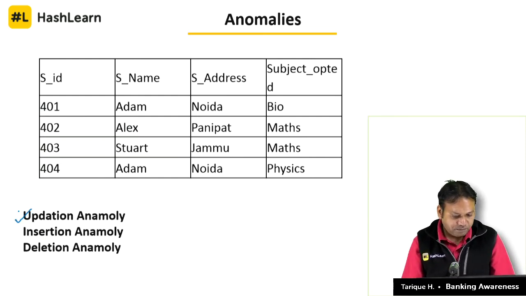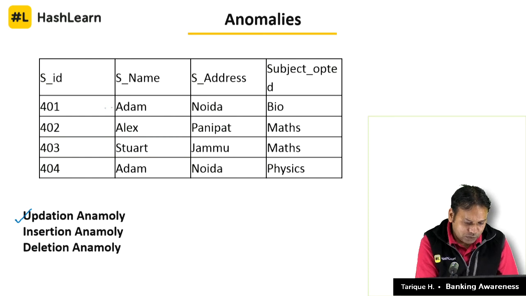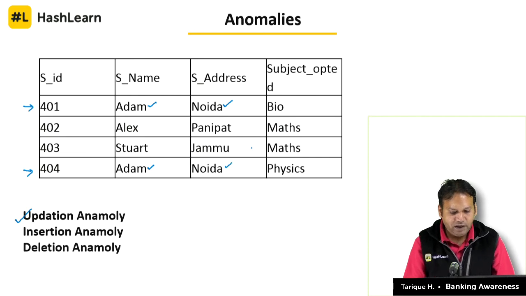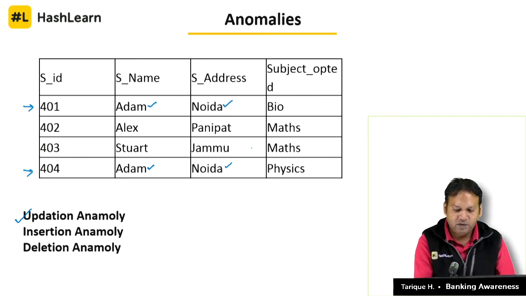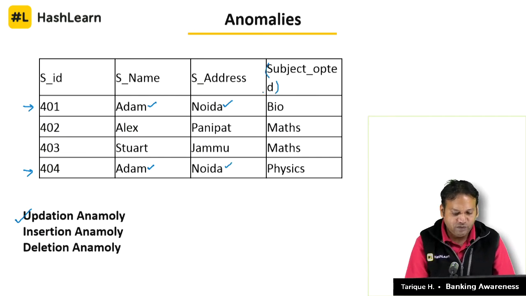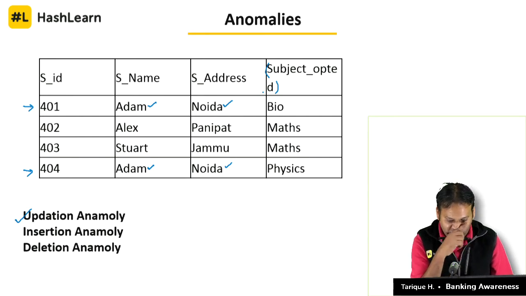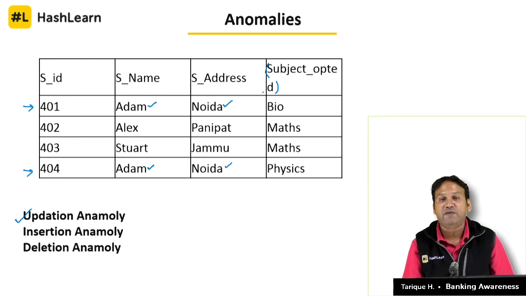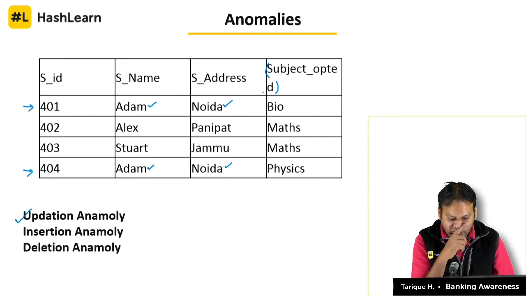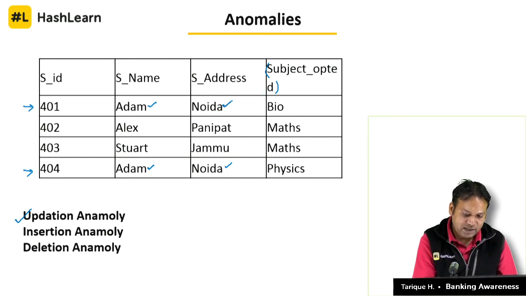Now you see here, there are two records. One is student ID 401 and student ID 404, both of them are for the same person Adam, who stays in Noida. When he enrolled for the subject bio, he got student ID 401, and when he enrolled for physics, he got student ID 404. So there are two of these which have the same address.